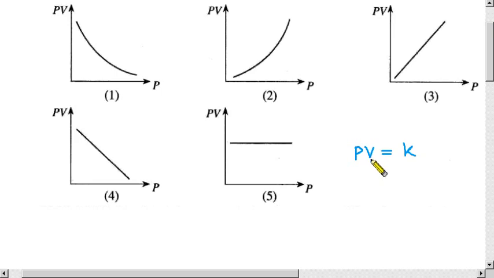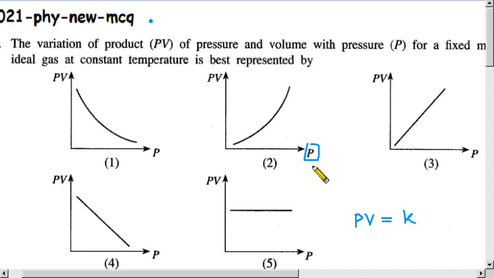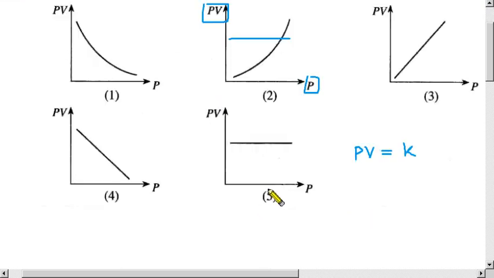Whatever the value of V, finally PV must be constant. So for the variation, they have taken P on the x-axis. Whatever the value of P, the PV multiplication should be constant. So this one is the answer therefore.